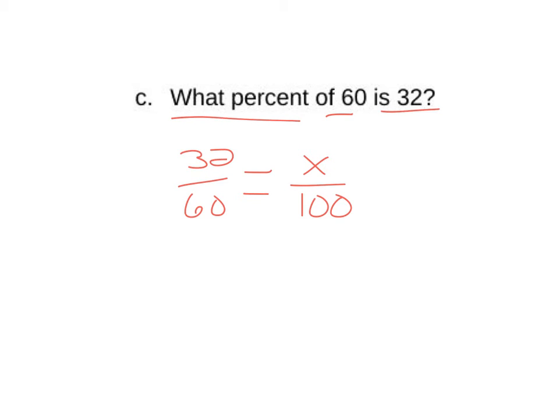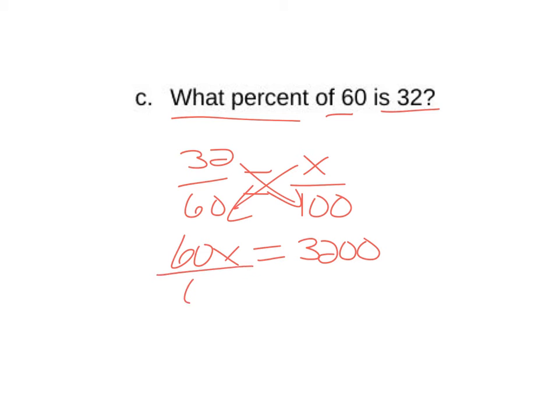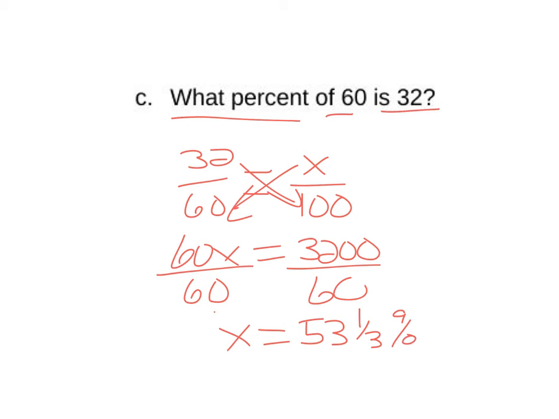So if we look at this problem here, very similar to the last one, but we're going to cross multiply and say 3200 is equal to 60x, and when we solve, we can find that x is going to equal, looks like 53.3 repeating, which can also be written as 53 1/3, and this one is a percent as well.